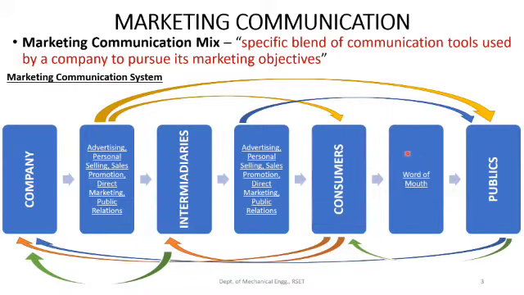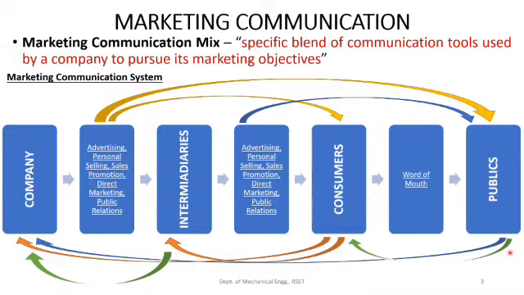Okay. Now the marketing communication system also involves a return flow of information. That is, flow of information not in the forward direction, that is from the company to the intermediaries, consumers or publics, but rather a return flow of information is also seen. It is generally in the form of feedback.